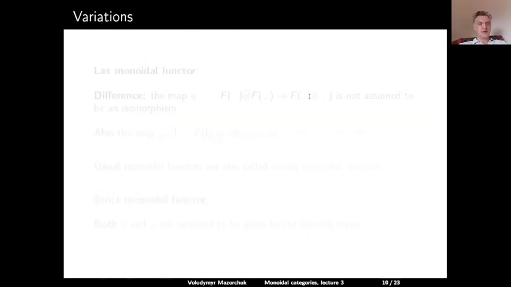Let us now also briefly discuss some variations of the notion of a monoidal functor. The most general analog of a monoidal functor is the notion of a lax or oplax monoidal functor. The lax and oplax monoidal functors are dual to each other.